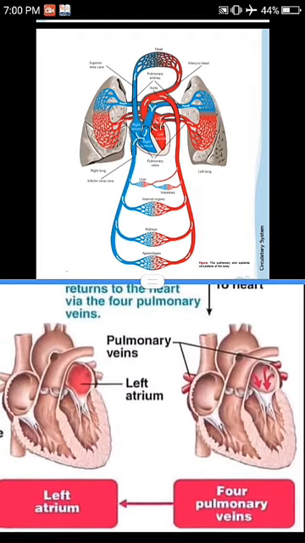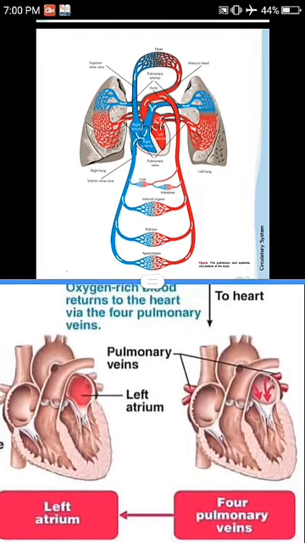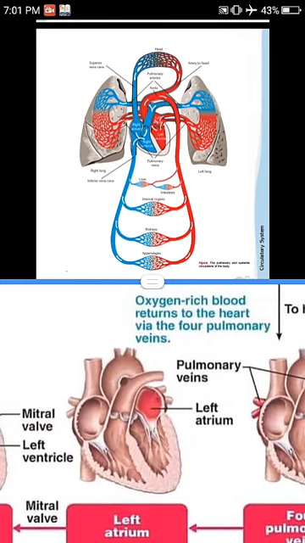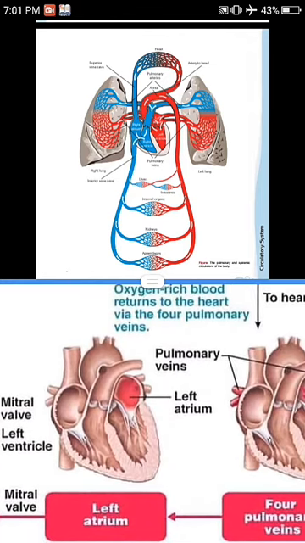Via the four pulmonary veins the blood comes to the heart, which is oxygenated, pure oxygenated blood. Then it comes into the left atrium.